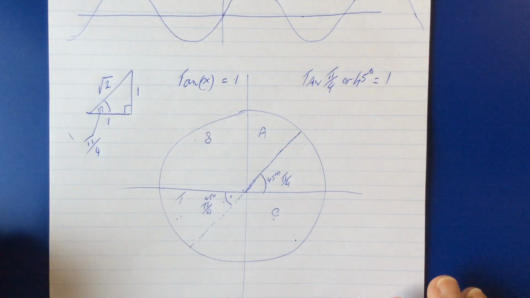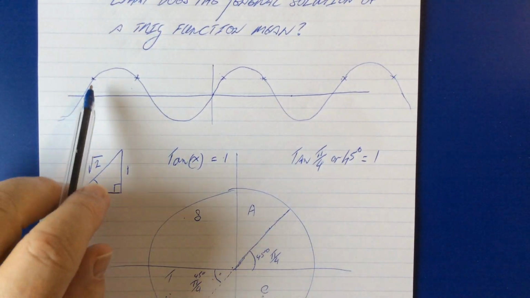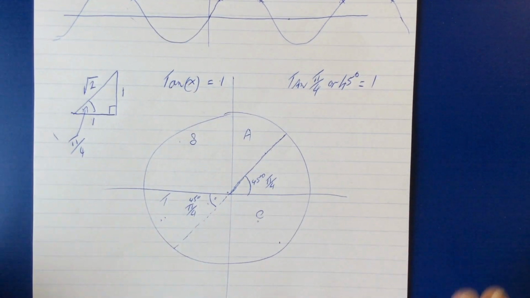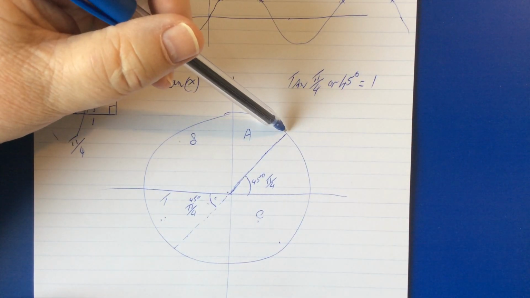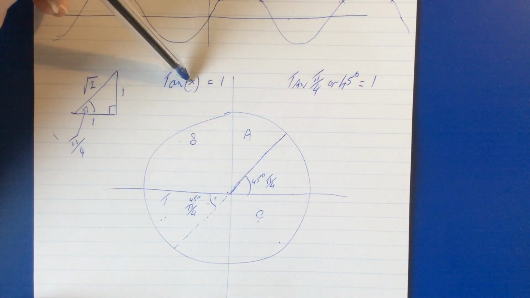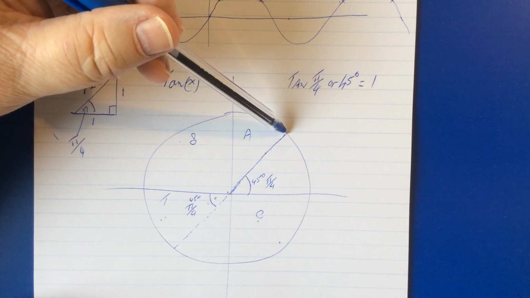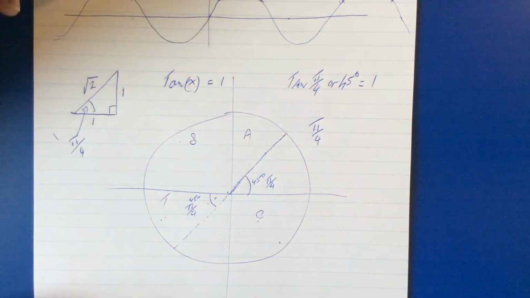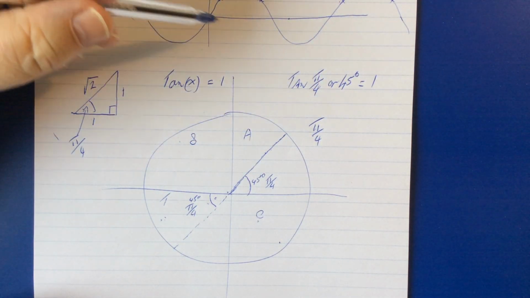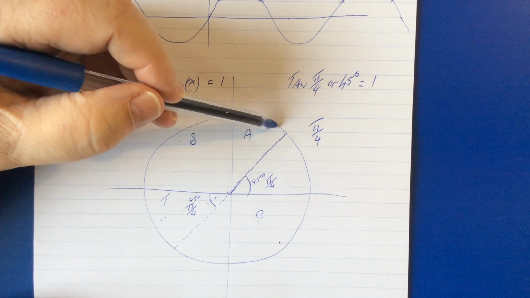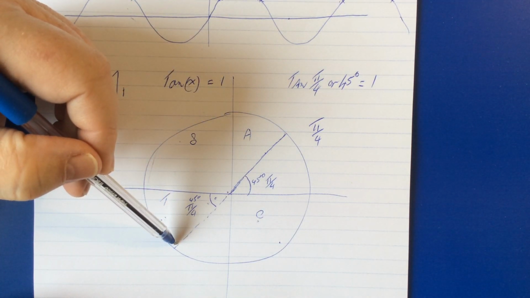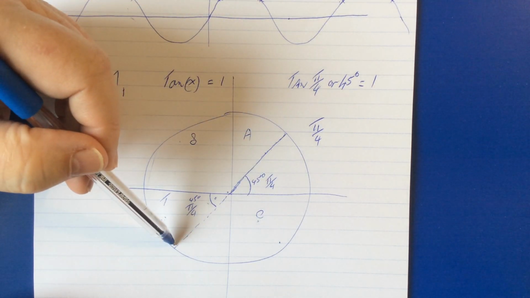Now, imagine that, just like up here, our tangent graph did not have a restricted domain. How would we describe when and where the tangent of x was equal to 1? Well, we can start with pi on 4. But what happens if we move around here, the equivalent of 1 pi, 180 degrees?